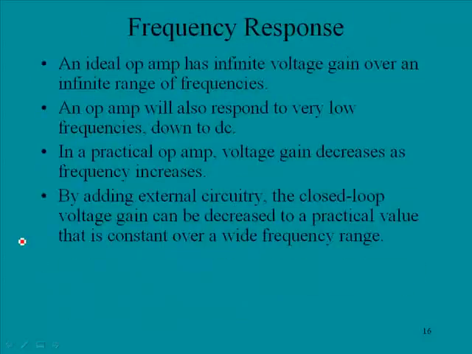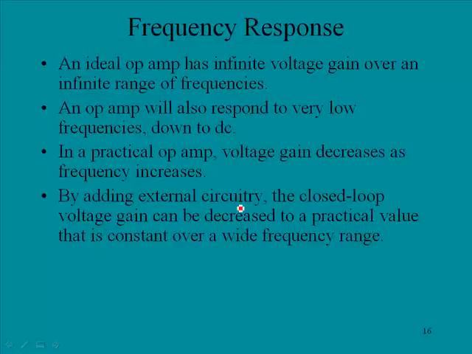Frequency response. An ideal op-amp has infinite voltage gain over an infinite range of frequencies. An op-amp will also respond to very low frequencies down to DC. In practical op-amps, voltage gain decreases as frequency increases.